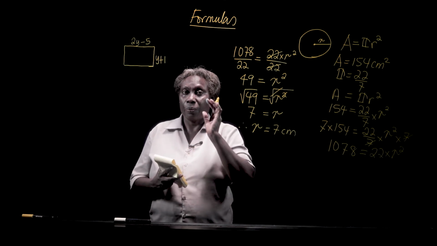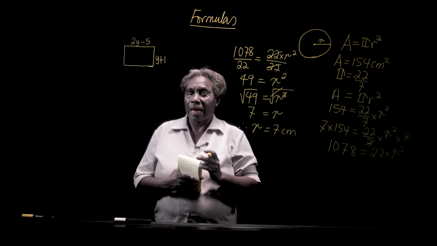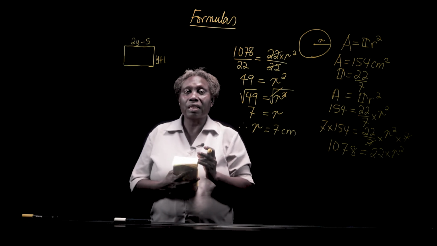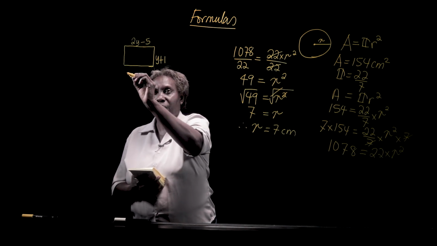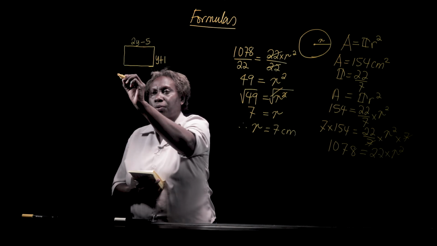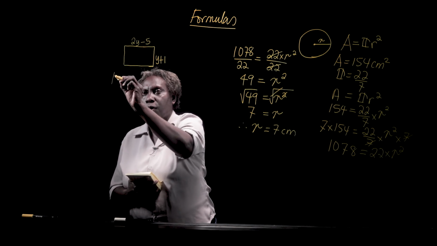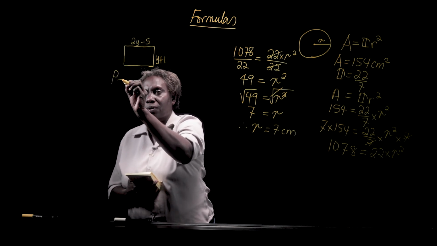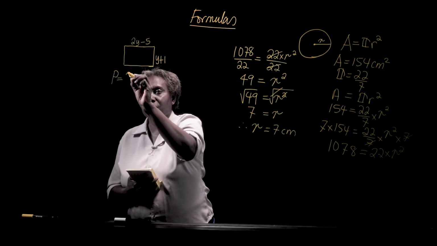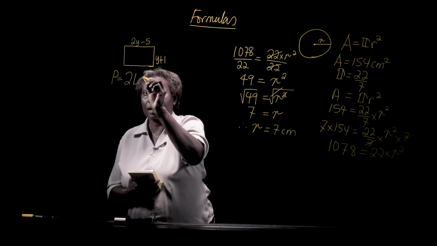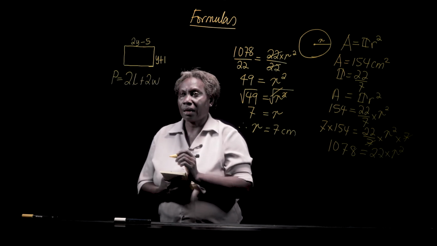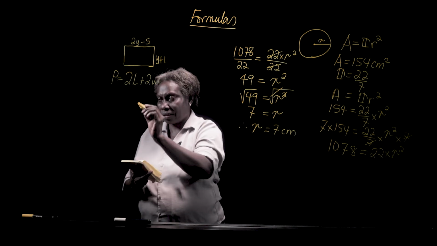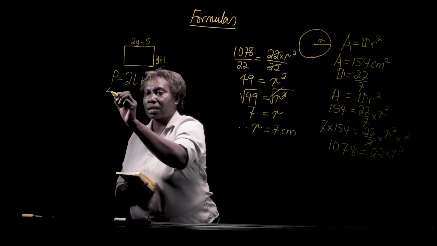Now, we are given the perimeter, and the perimeter of the rectangle is 46 centimeters. So we first of all have to write the formula. The formula for the perimeter of a rectangle is P equals 2 times length plus 2 times width. The perimeter that is given is 46.